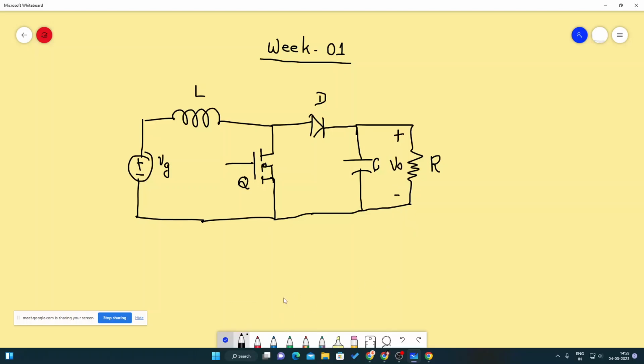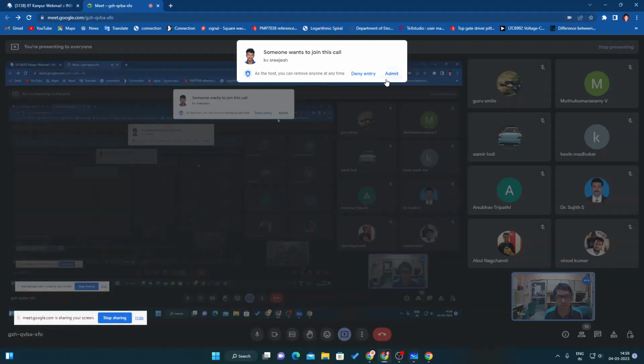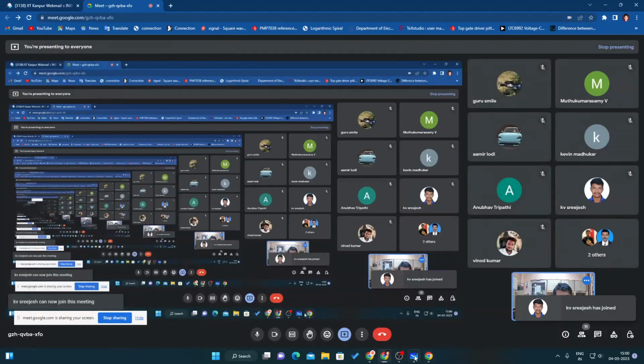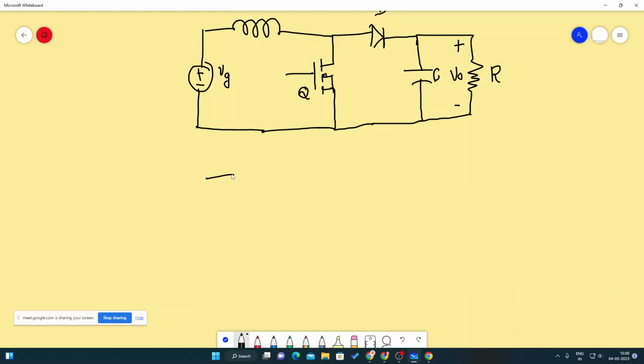Now we can draw the switches in the form of normal switches.